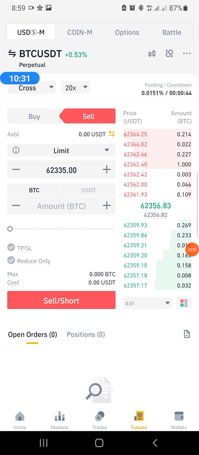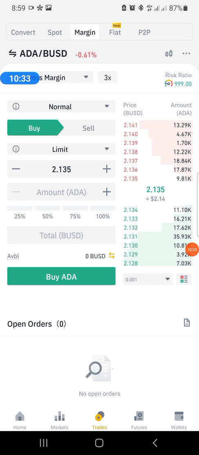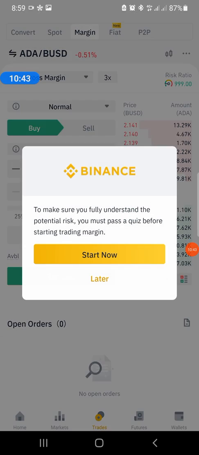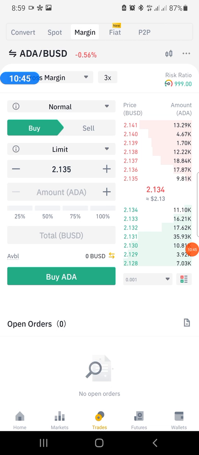in futures trading. Now, the next market we are to look at is margin trading. Margin trading is a kind of spot trading, but in margin trading, you don't trade on your capital. You borrow capital to increase your trading capital.